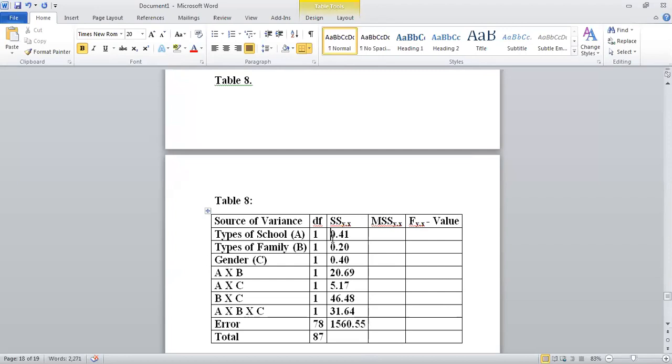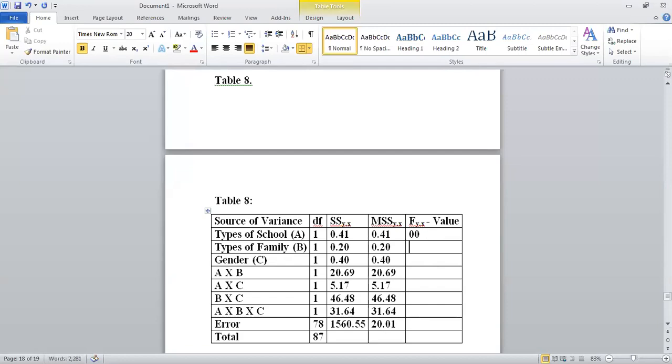Now, these values you can copy and paste here. And this error will be 20.01, and your F values are here. The first F value is 0, no problem.